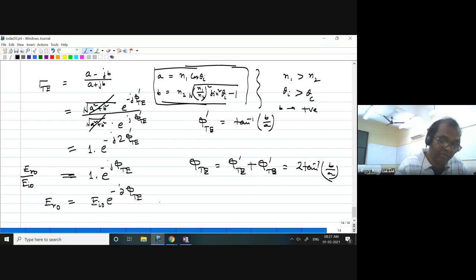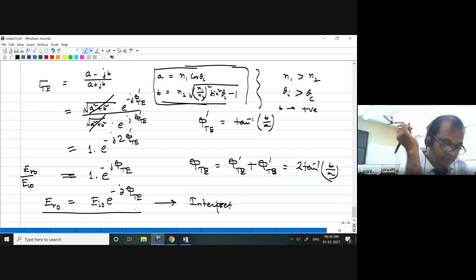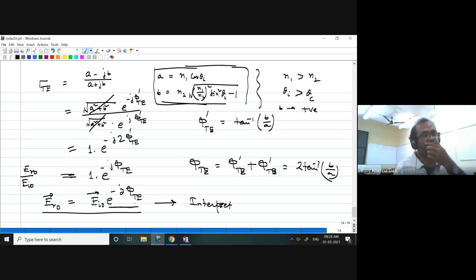So what do you interpret from here? The reflected wave actually coming out, whatever vector direction you can assign, means the incident wave is reflecting along with a phasor part like this.